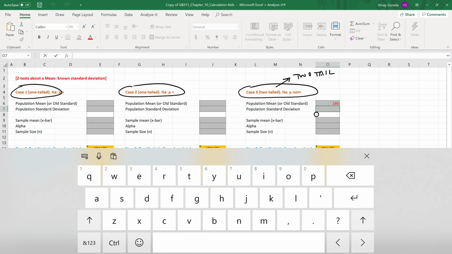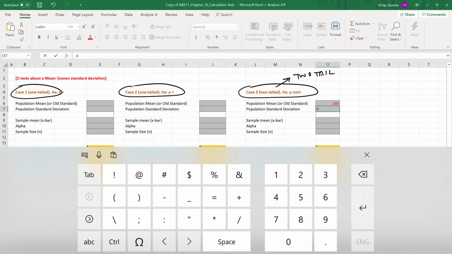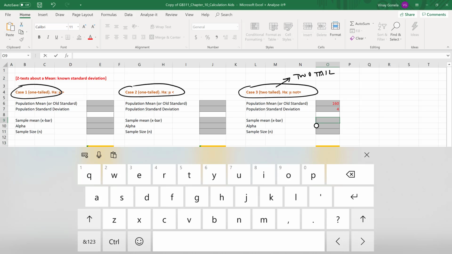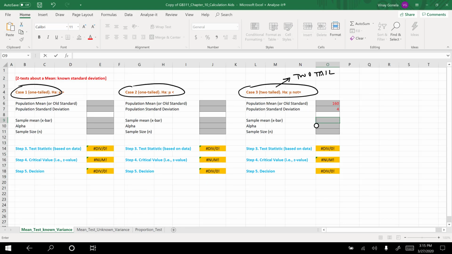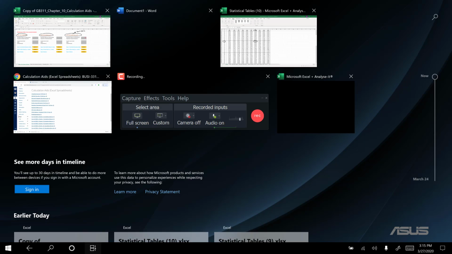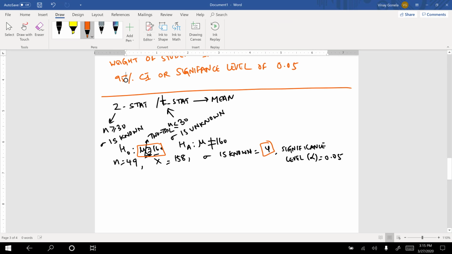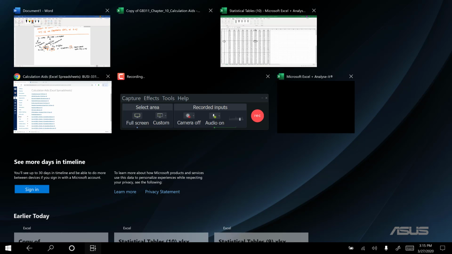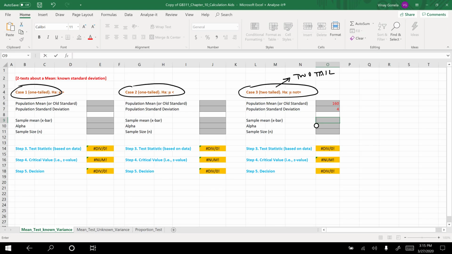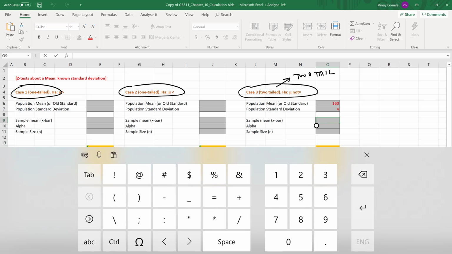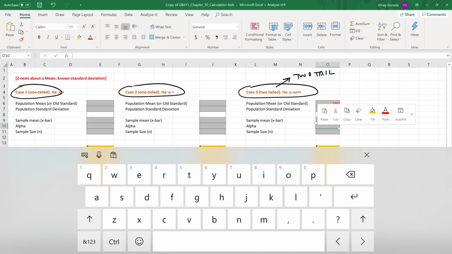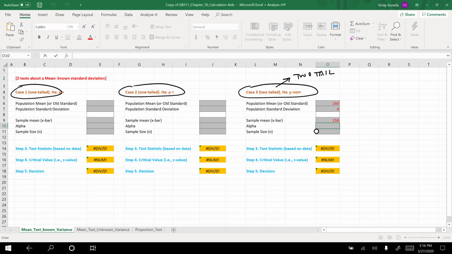This is 4, and then the sample mean, our x bar, so that is 158. So this will be 158, and then alpha.